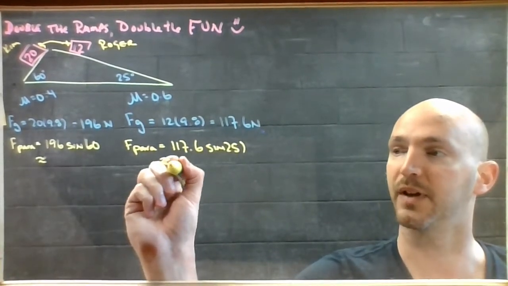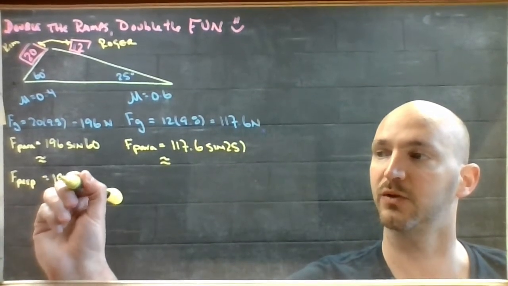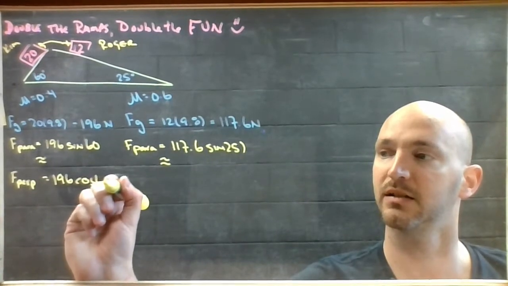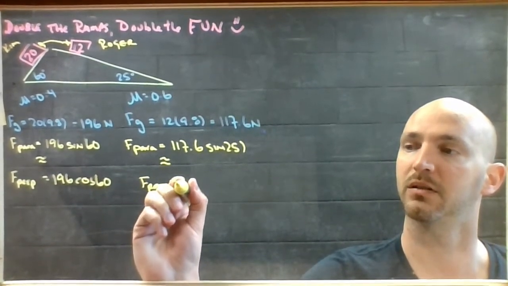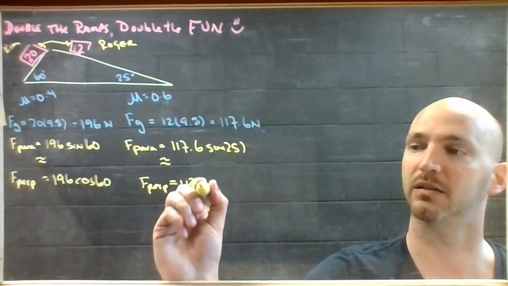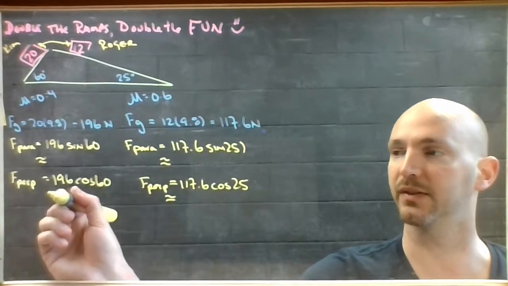Get an approximate value. The perpendicular part will be full gravity cosine 60. Gravity cosine 25 on Roger's side, get approximate values there.